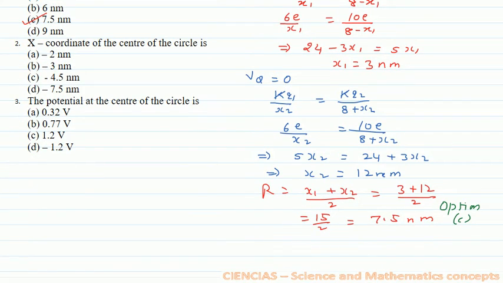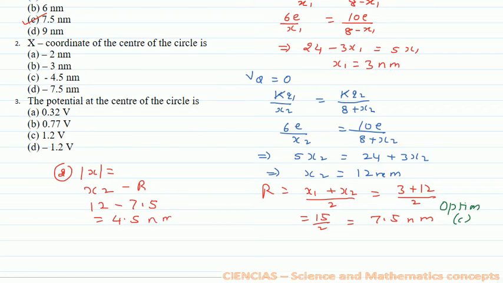Now we see the second part, the x coordinate of the center of the circle. The x coordinate will be given by x2 minus r. Now x2 is 12 minus 7.5, that is equal to 4.5 nanometer.